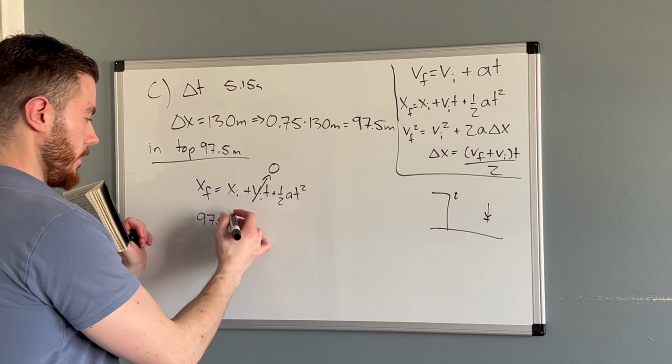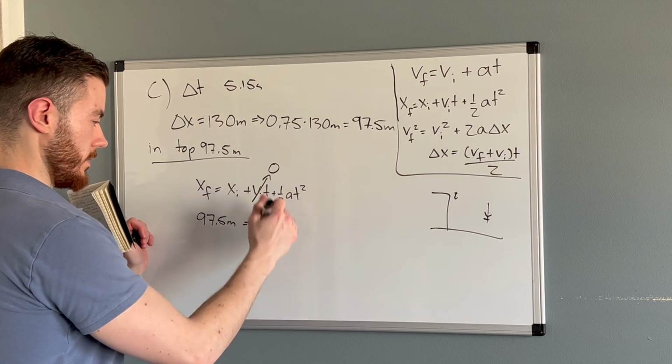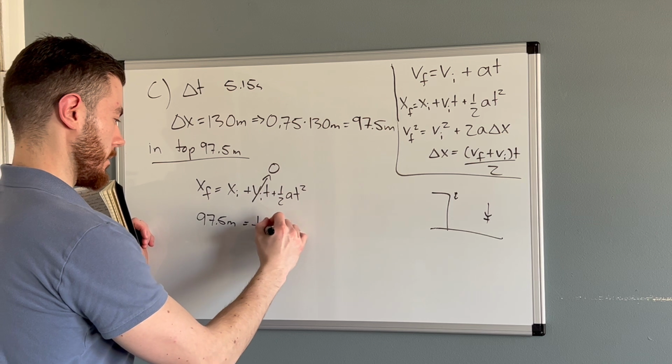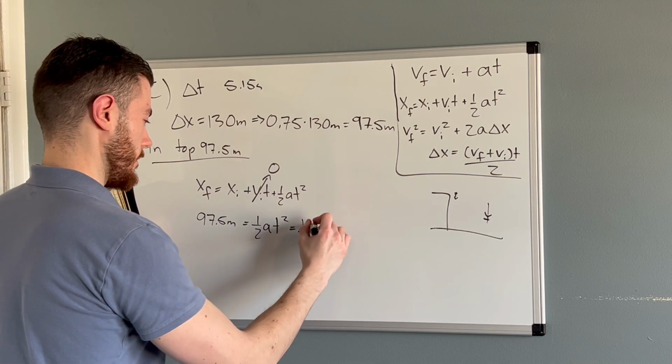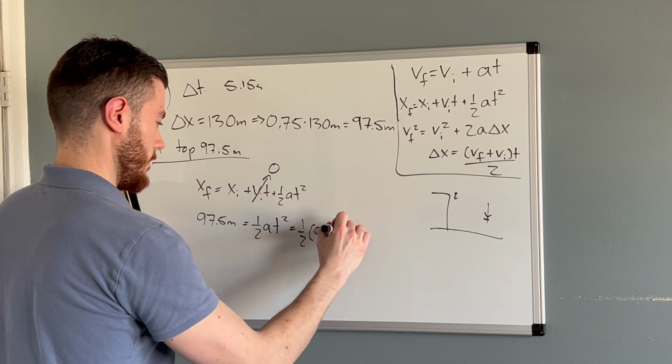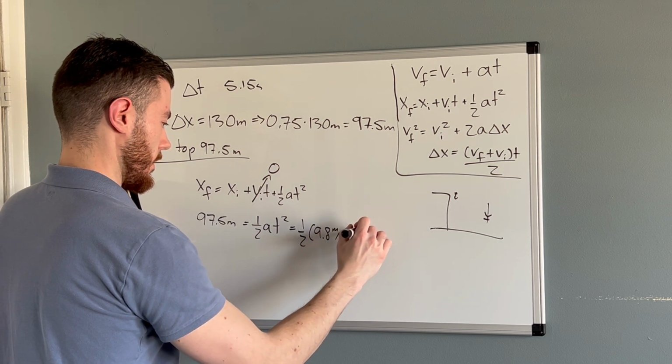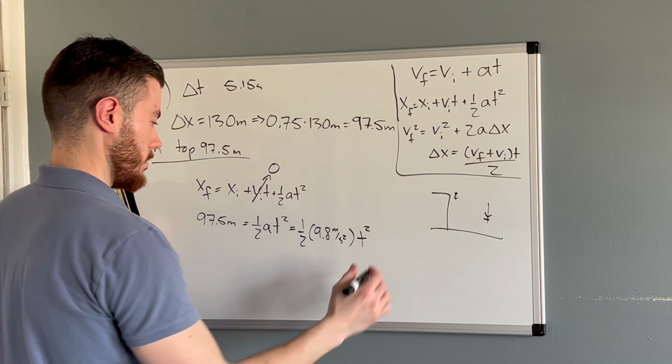So 97.5 meters is equal to, this term is 0, half the acceleration times the time squared, which is 1/2 times 9.8 meters per second squared times time squared.